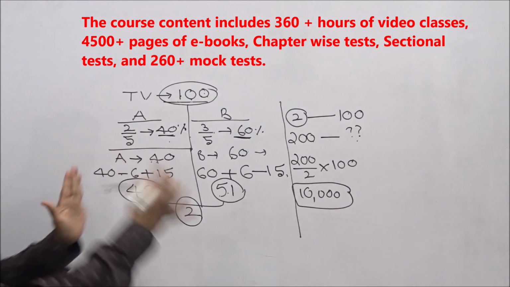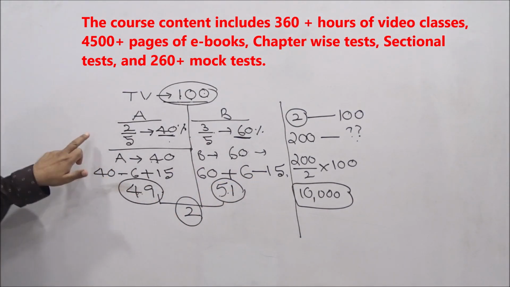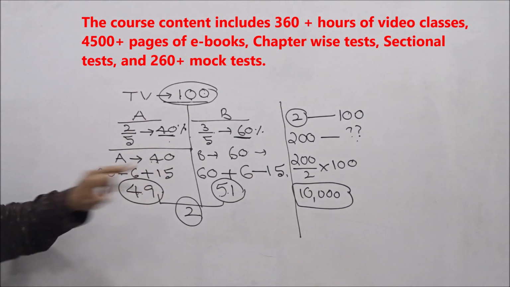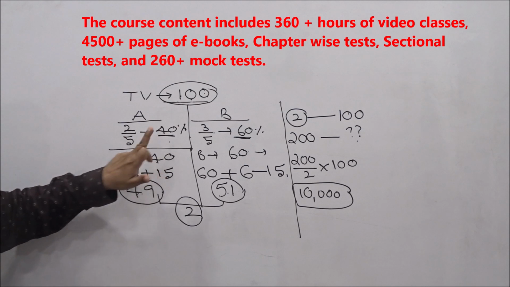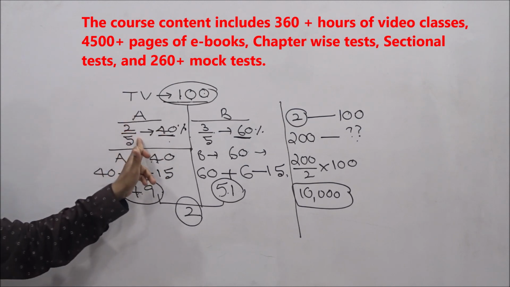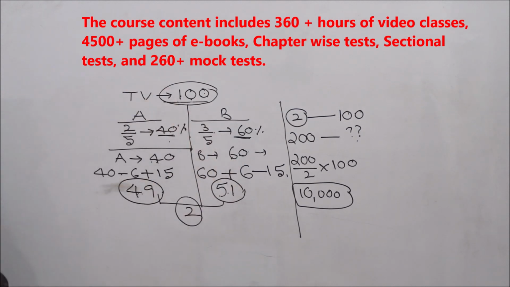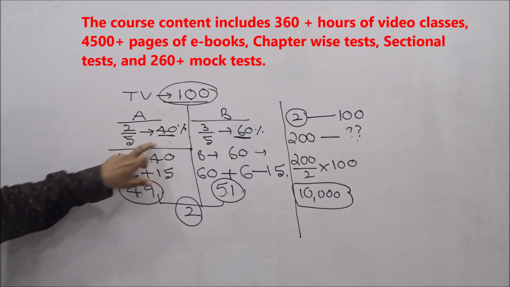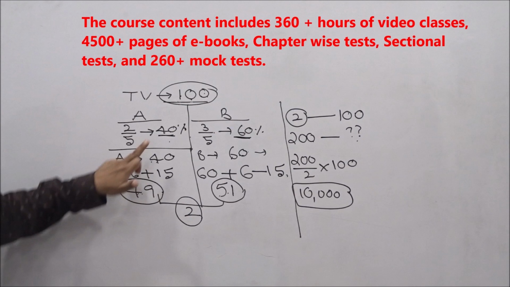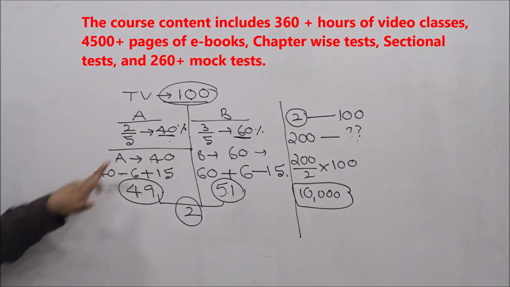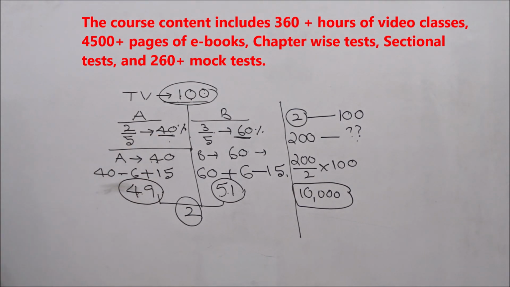Alright, you can still simplify the work by taking percentages like this. Actually, A should get 40% of the votes, but 15% of this 40% went to B. So 15% of 40% is nothing but 6%. Yes or no? So from this 40% you take out 6%, remaining is 34%.